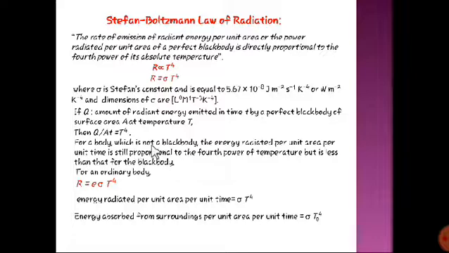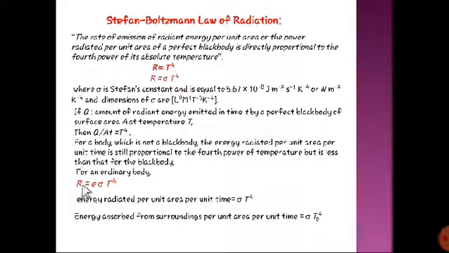So, for a body which is not a black body, the energy radiated per unit area, per unit time, is still proportional to the fourth power of the temperature, but less than that of the black body. Yes, obviously. If it is an ordinary body, it will be proportional to T raised to 4, but it will be lesser as compared to a black body.